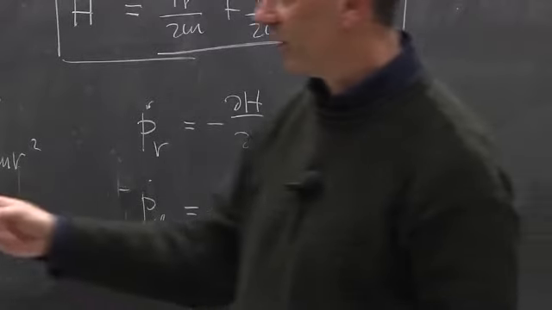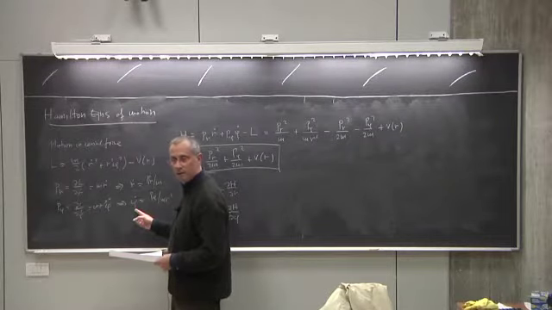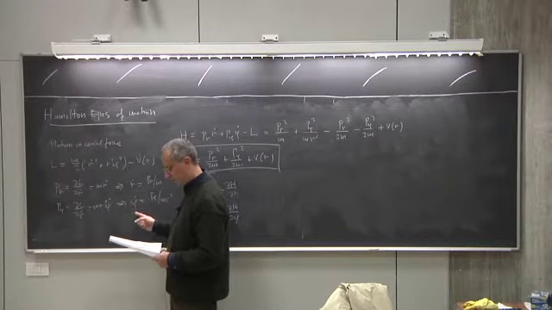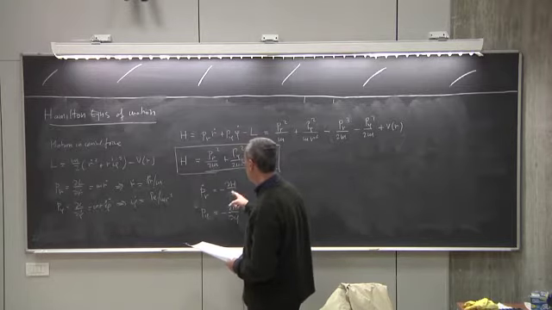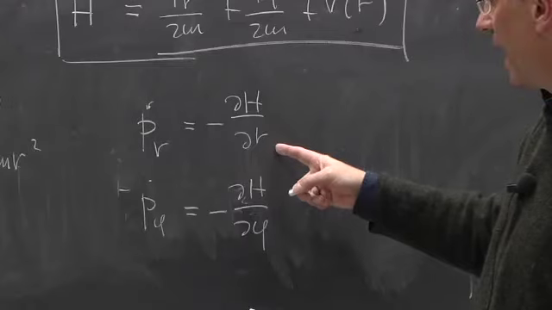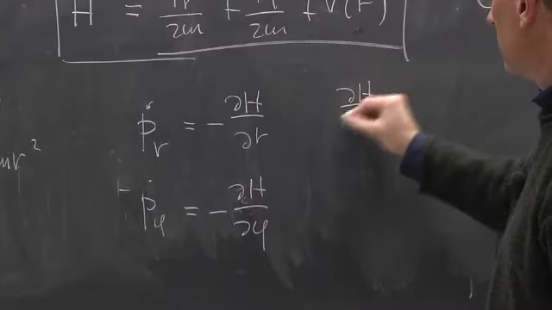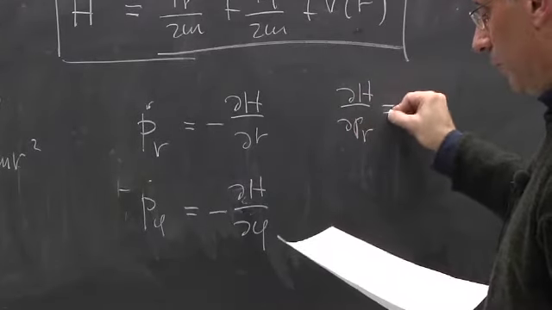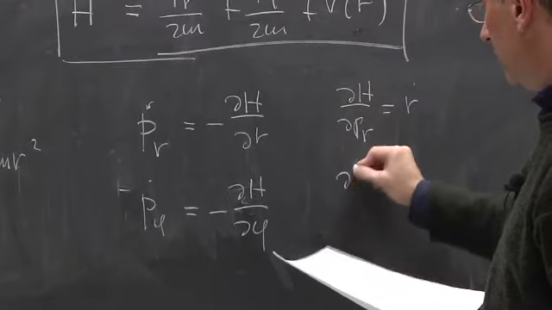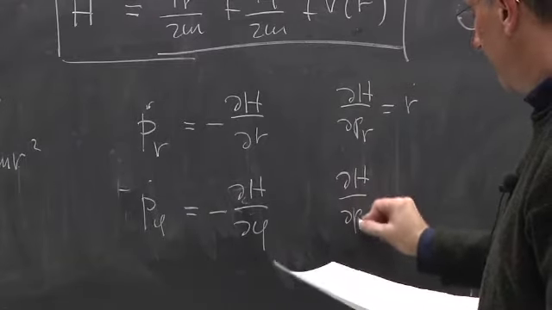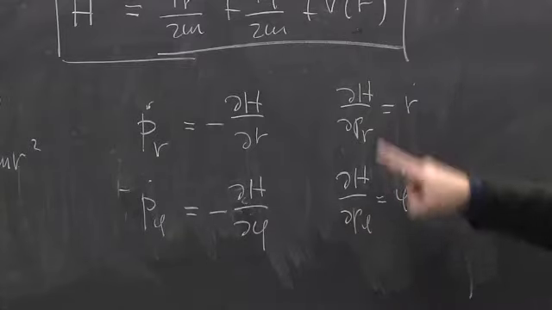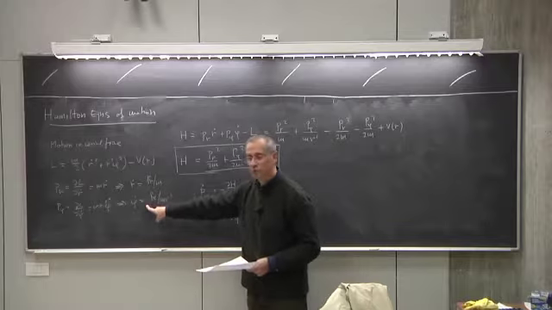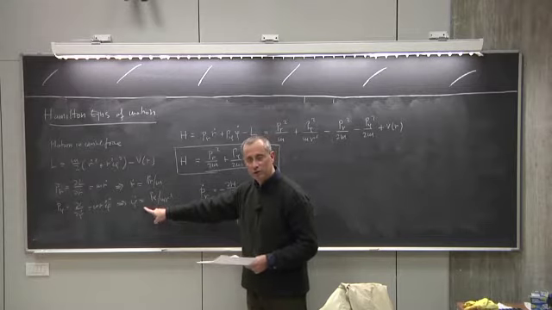The other two equations are dH/dp_r equal to r dot, and dH/dp_phi equal to phi dot. But you see that if I take this, I just go back to the original transformation.